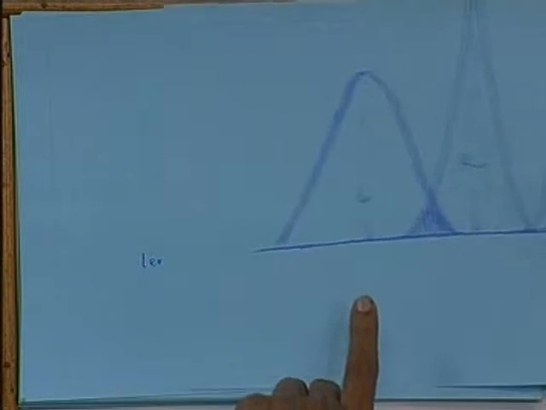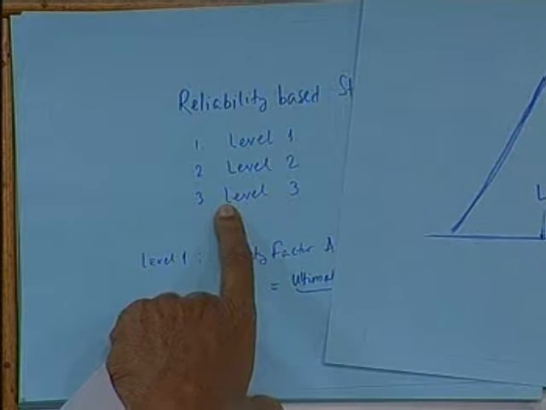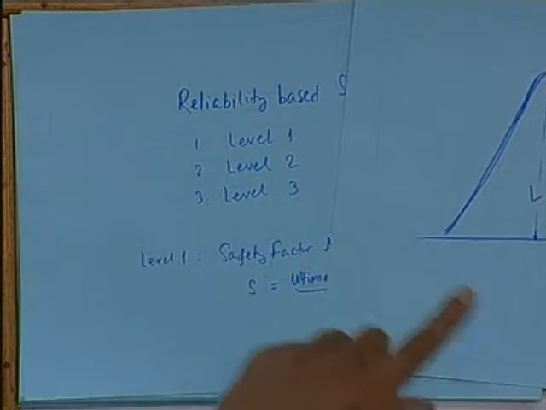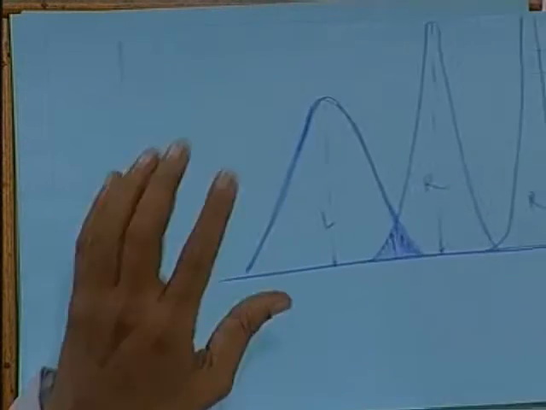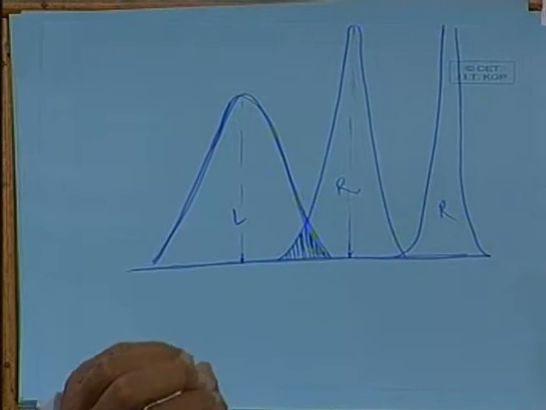So, that is why level 3 is extremely difficult, and we have not come up to a stage in ship structures to apply this to design. That is when we can give our structural design a reliability index. I can say my reliability index is 0.9 or 0.8 or something like that based on these principles. That stage has not come.